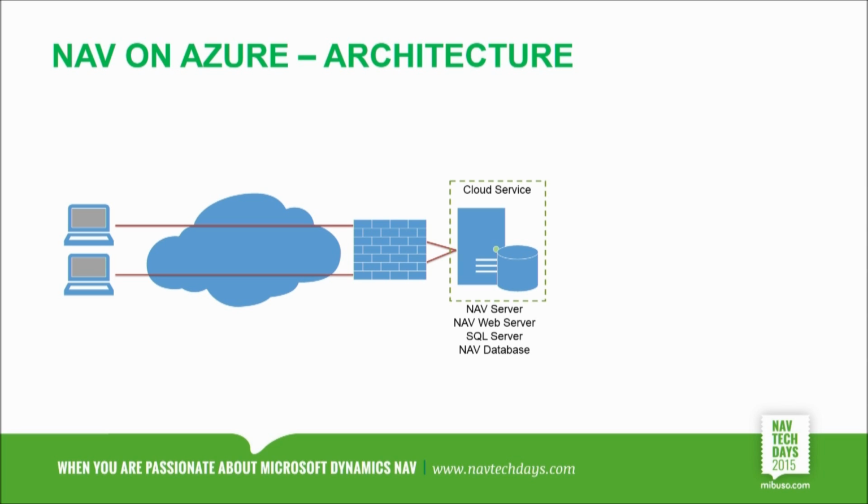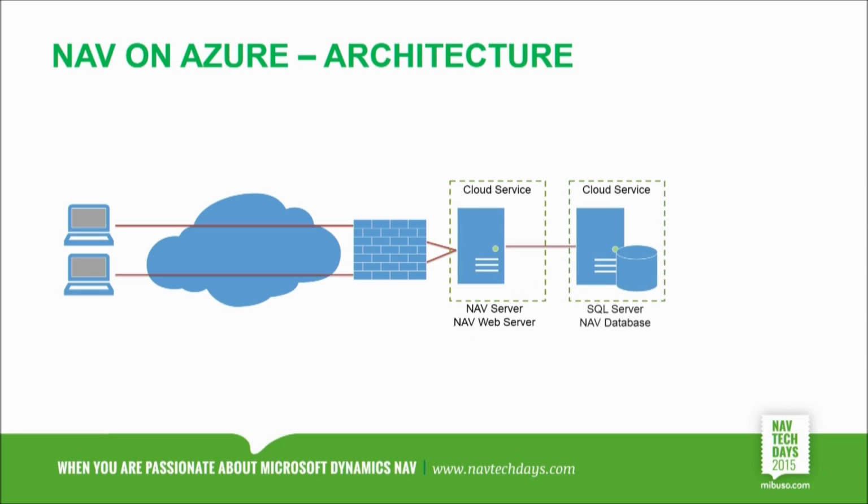If you want a production environment, we used two virtual machines, one for the NAV server and the second for SQL Server and the NAV database. This is something we used until the last version, NAV 2015, and it works.